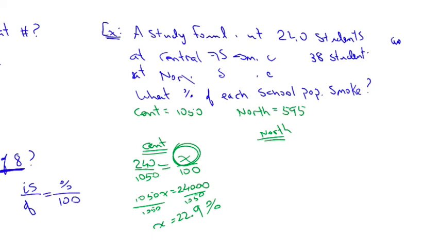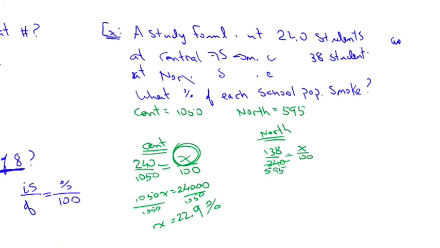All right, so to do the other one, it would be x out of 100. Obviously, this x will be for North itself. It'd be 138 over 240. Well, I thought 595. Yeah, that was 138 over 595. So who told me 240? Oh yeah, that was yesterday, those are smokers in Central. North is 595.